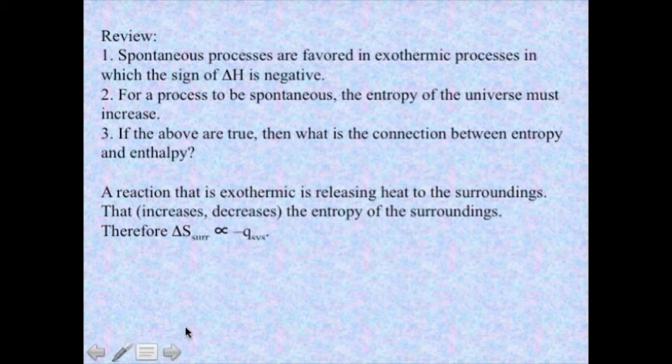Therefore, the change in entropy of the surroundings is proportional to the heat evolved or absorbed by the system. Now, why is this negative sign there? Well, that's because if heat is absorbed by the system, Q is going to be positive, and the change in entropy of the surroundings is going to be negative. So negative times positive is a negative, and it maintains its proportionality.